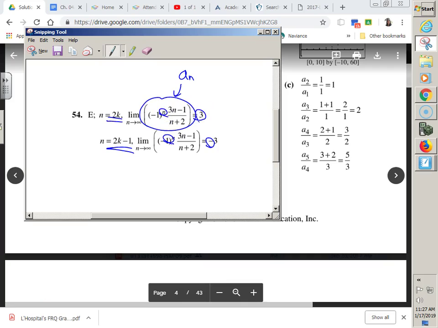So they're in disagreement. If it was just 3n minus 1 over n plus 2, it would just be 3. But since you have that -1, it's oscillating. And since it's not going to 0, remember, the only time alternating signs can converge is when they're agreeing on 0. Otherwise, it's going to be disagreeing.